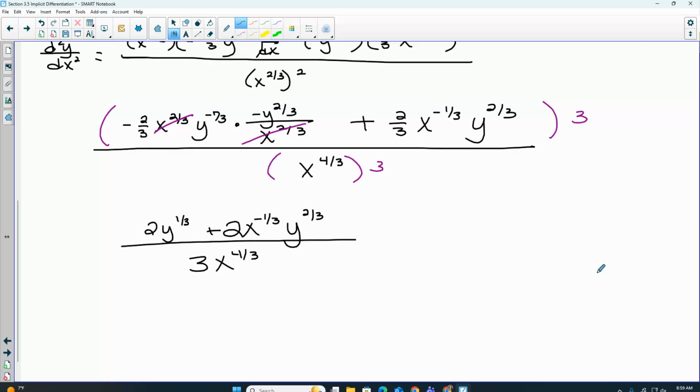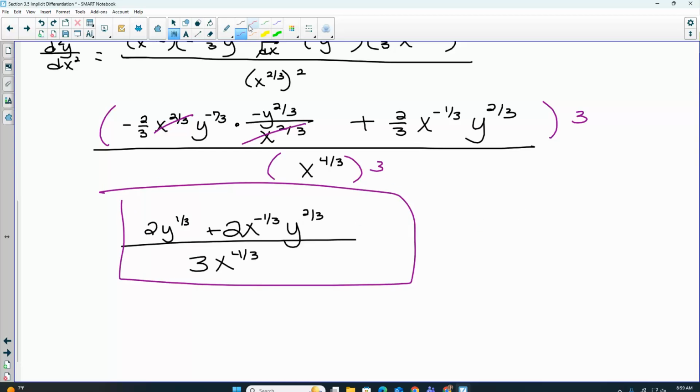There are other things you can do at this point. Like if you wanted to get rid of the x to the negative 1/3, you can multiply by x to the positive 1/3 on top and bottom. And that would be a nicer answer, but I will actually take either. So if you left it, I would accept this. I wouldn't count off. Or if you take everything times x to the 1/3, you get 2x to the 1/3, y to the 1/3, plus 2y to the 2/3.